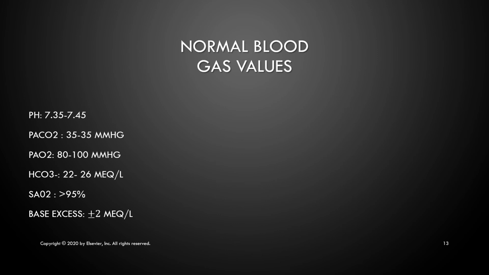Then we have the PaO2, the amount of oxygen dissolved in the plasma, ready for tissue use. Then we have the bicarbonate, or HCO3, which represents the renal regulation of bicarbonate. This level is 22 to 26 milliequivalents per liter, so that's how much is dissolved in a liter.